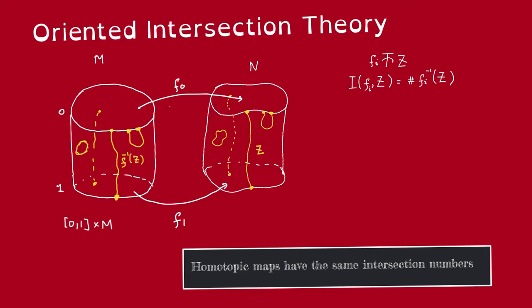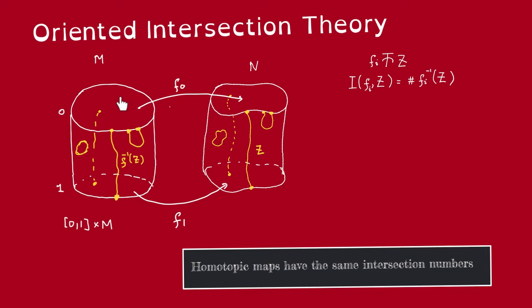Now let's quickly review the motivation. Remember, originally our tentative definition of intersection number is as follows. If we have a map F from a manifold M to a manifold N, and Z is a submanifold of N that is transversal to F, then we tentatively define the intersection number between F and Z to just be the number of points in the preimage of Z. For example, in this picture, I'm drawing M as this torus here, and Z are the yellow stuff here.